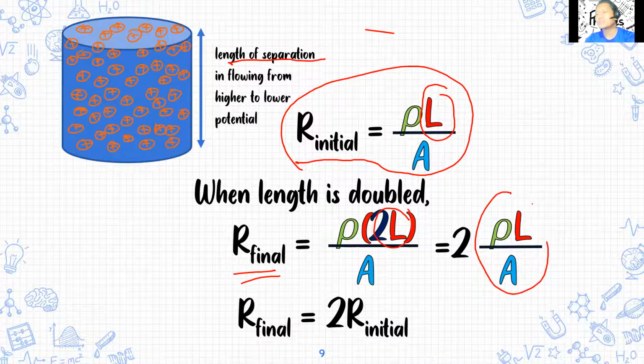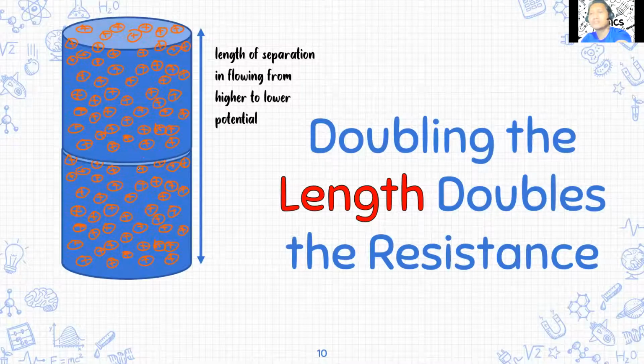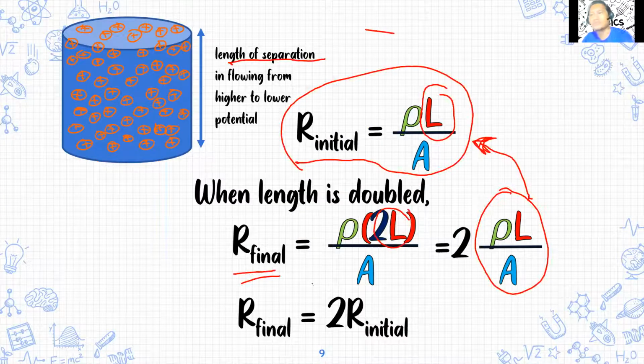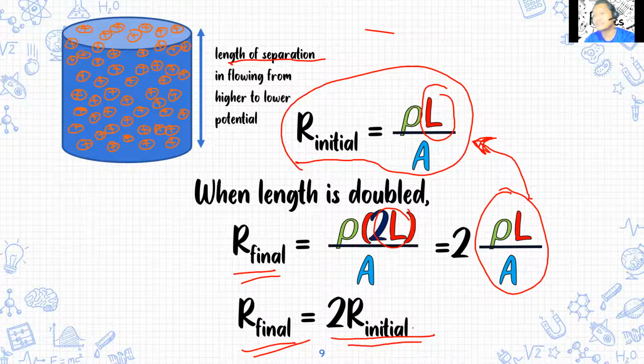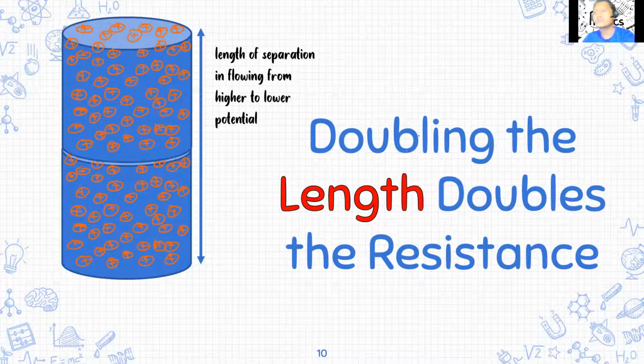But note that this one is again your value of your initial resistance before doubling the length of separation. So unsay mahitabo kung madouble ang length of separation, so nitaas ang imong length of separation. Okay? So the final now is just twice the initial. So unsa atong ma-conclude from that is doubling the length doubles the resistance.